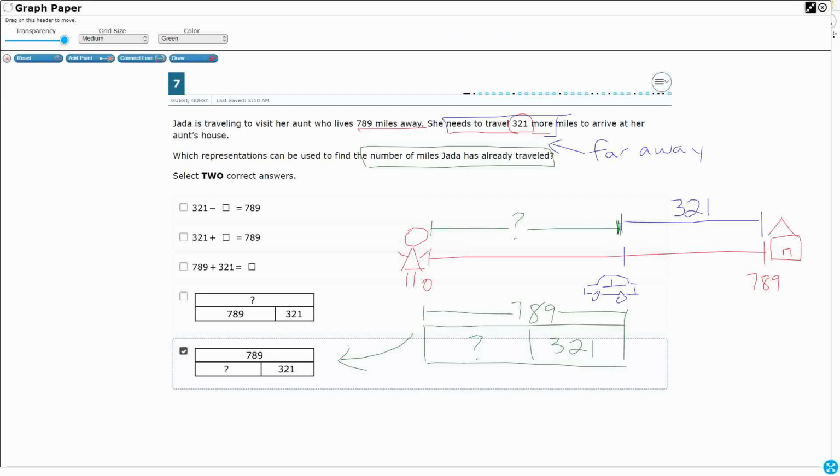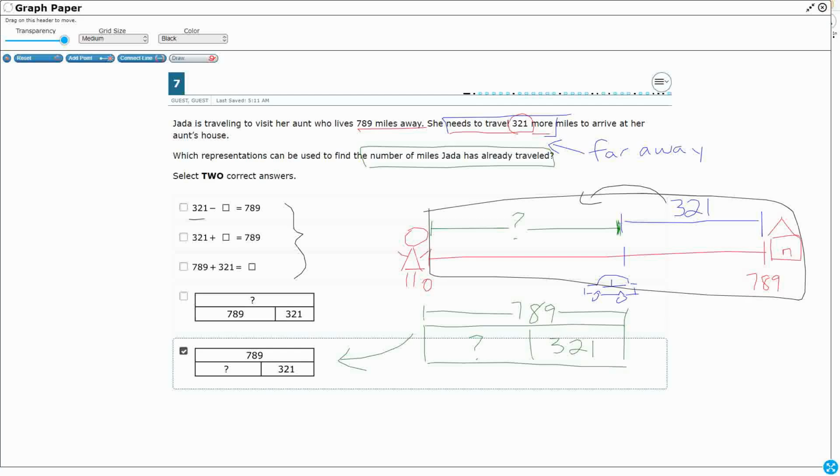We need one more, and you notice the other three options are just basic equations. Okay, so let's see which equation works. Because basically we drew the part whole right there, we just flipped it upside down. Well, take a look at this. 321 minus something is going to make 789. Now this minus this does not make the whole.